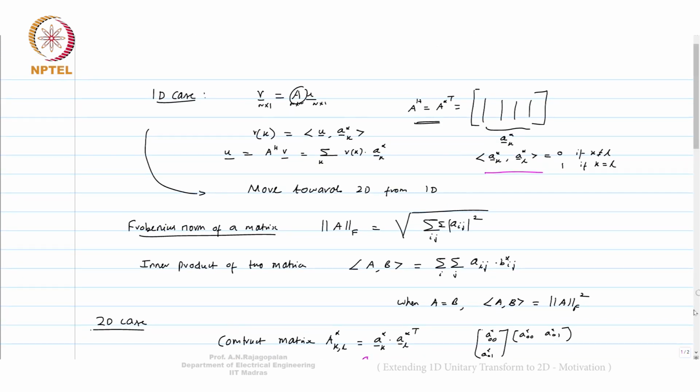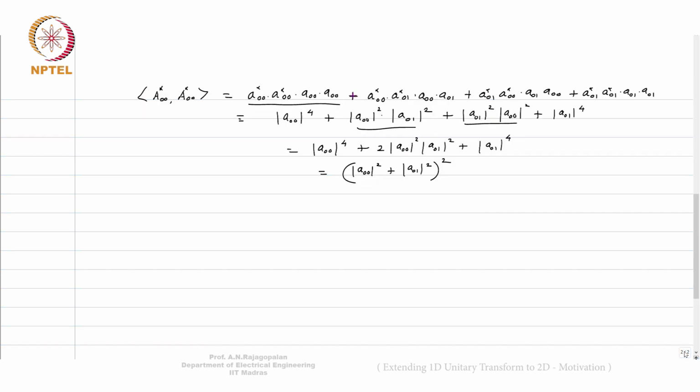So what this means is that this boils down to 1. Okay, so the answer is correct. Somebody said 1, but after you show this, the first term is not 1, but once you collect all the terms, it turns out that the inner product of A star 0 0 with itself is 1.